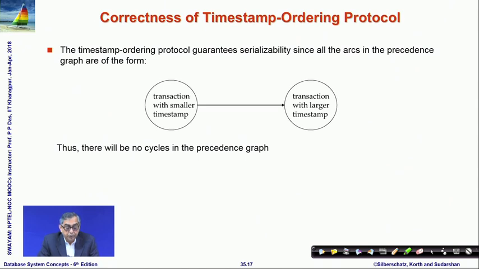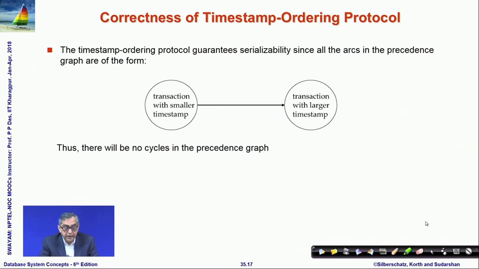The timestamp ordering protocol itself guarantees serializability. So, the transaction with a smaller timestamp will lead to the transaction with a larger timestamp, because those are the more recent transactions. Since the ordering is always in this manner, there cannot be any cycle in this precedence graph, because if there were a cycle, then naturally somewhere you would be coming from a newer to an older transaction, which is not allowed in this protocol.